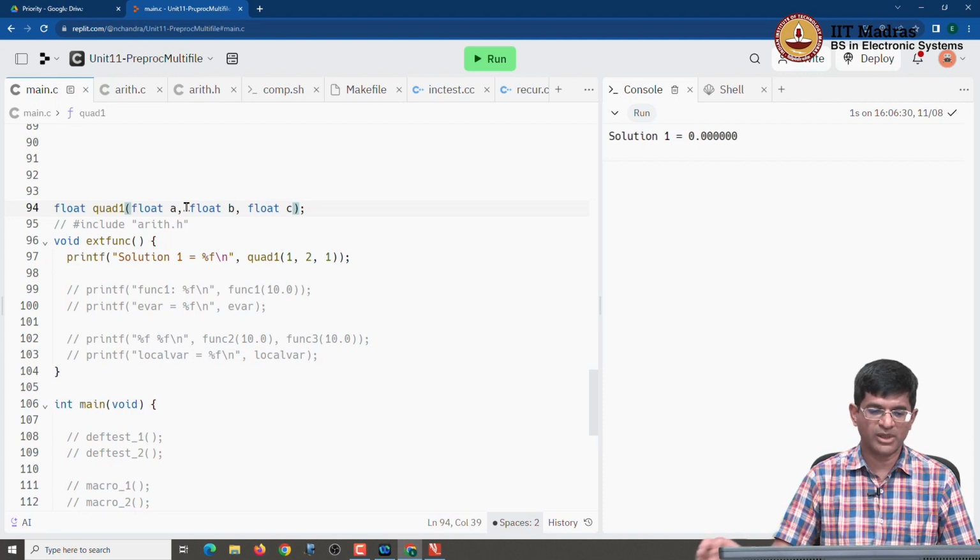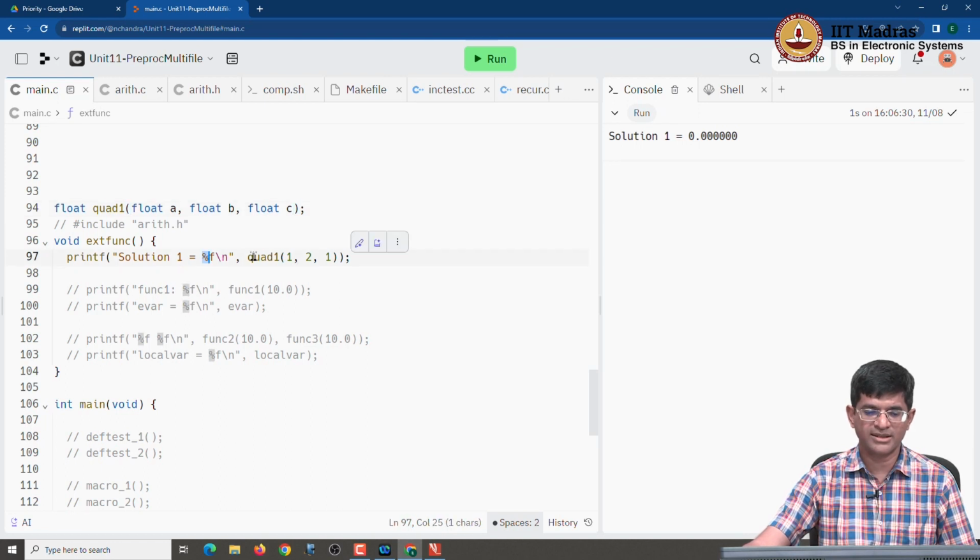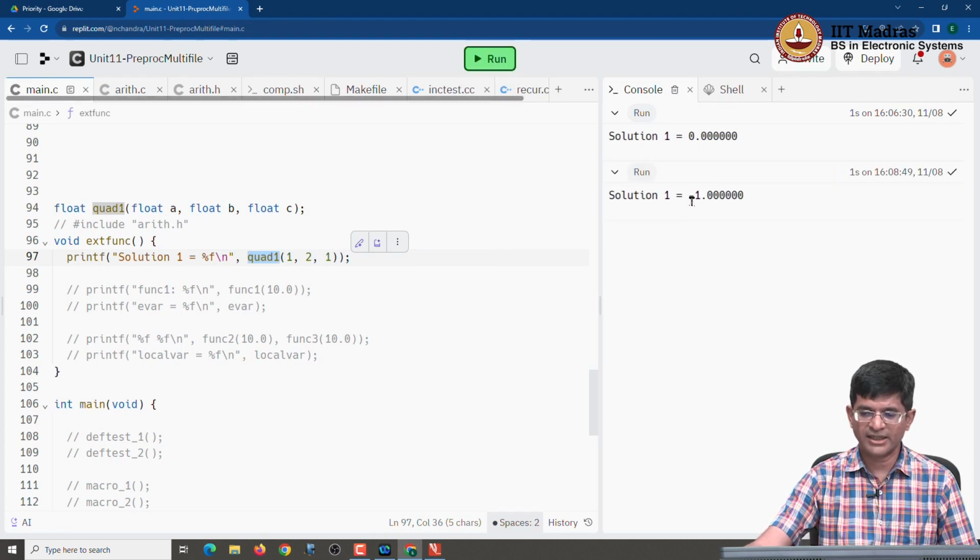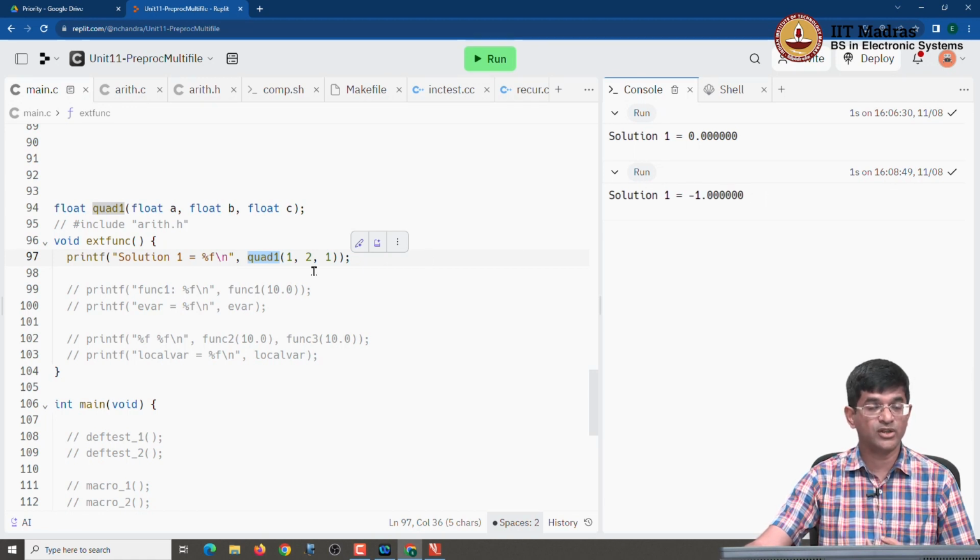Now with this information, the first thing you will notice is that this warning went away. It no longer complains about expecting a float over here and that this is not a float. So now what happens when we run this? We find that it actually gives us the correct answer, -1. So in other words, it has actually called the correct function, or at least we can hope so, and got back the result that we expect to see.